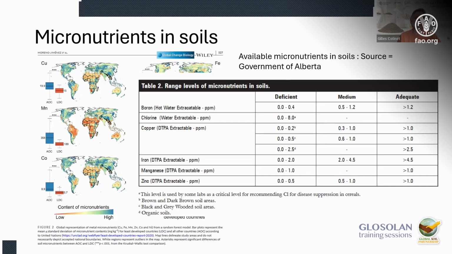Usually, the practice is to look at when there is a problem, when there are symptoms of deficiencies or excess in the morphology of the plant. You make an analysis and you say, okay, you have a confirmation that levels are really low.